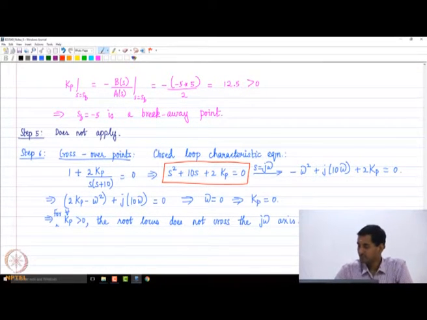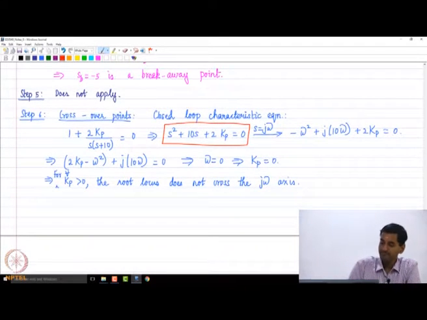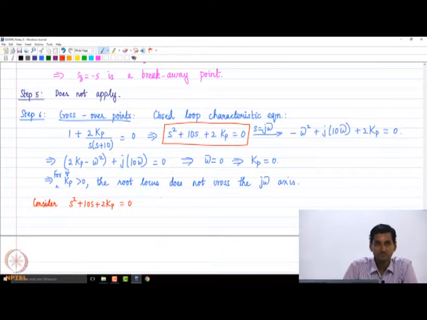So consider the closed loop characteristic equation, S square plus 10s plus 2 Kp is equal to 0.